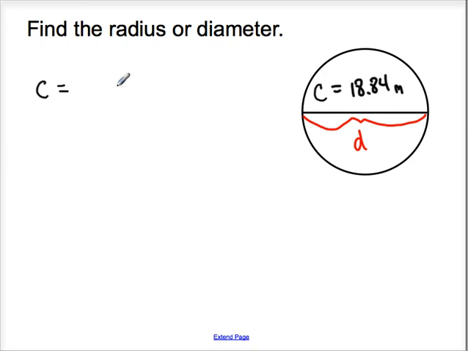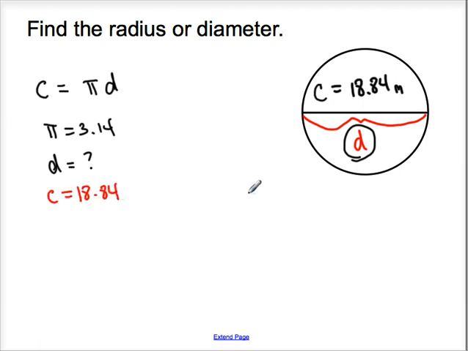Circumference equals, now rather than using 2 pi r, I'm going to use pi d in this case, and again I'm using this one because I'm looking for my diameter. So let's plug in what we have. Pi is equal to 3.14, and we're looking for d. D is our unknown.